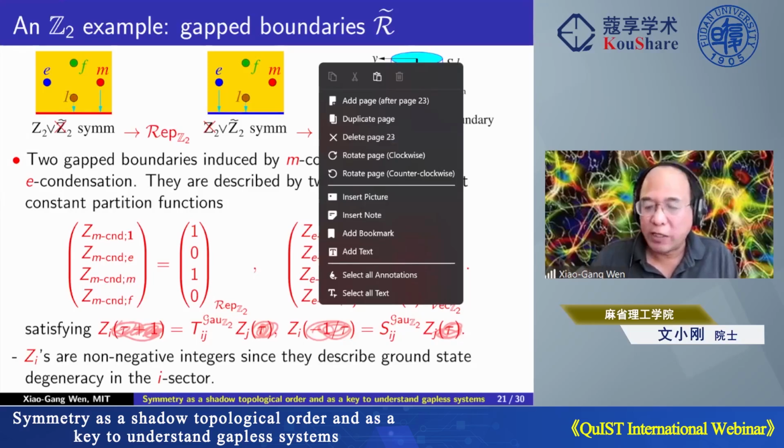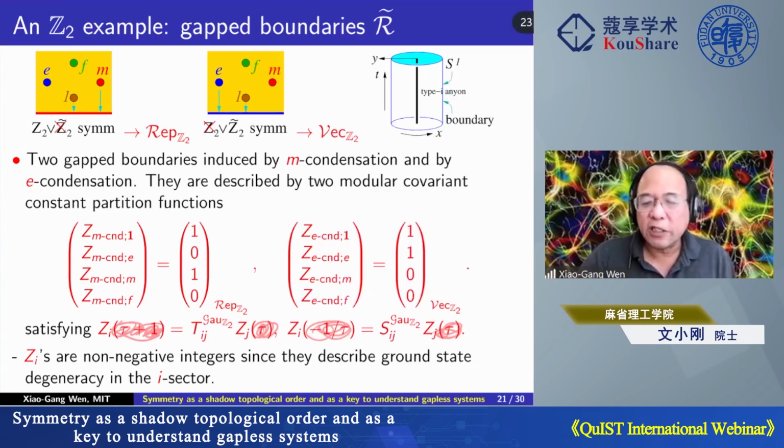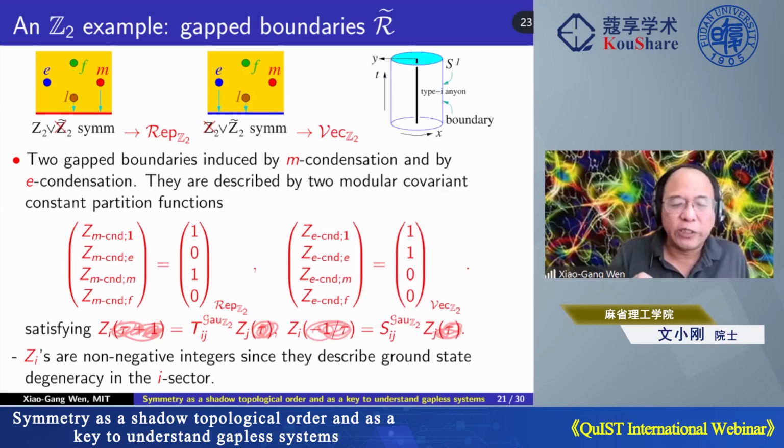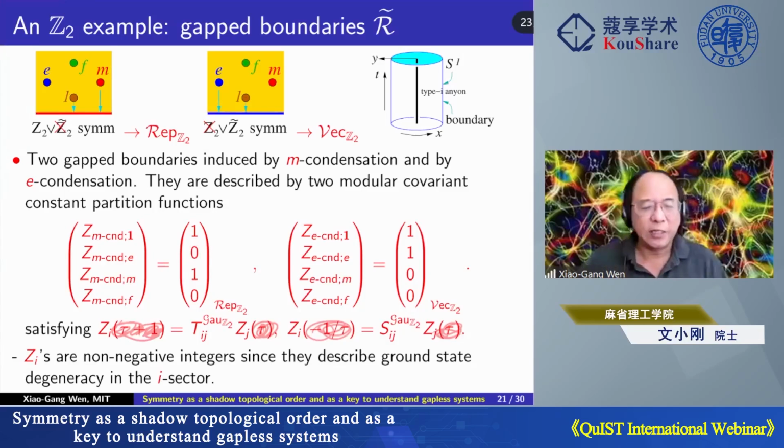So it is not a ground state. This E particle has energy, and when you consider the partition function at very low temperature, the partition function is exponentially small because of finite energy, and that's why it becomes 0 in the thermodynamic limit.